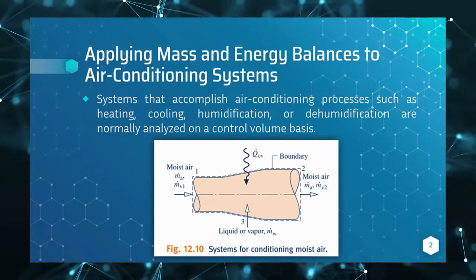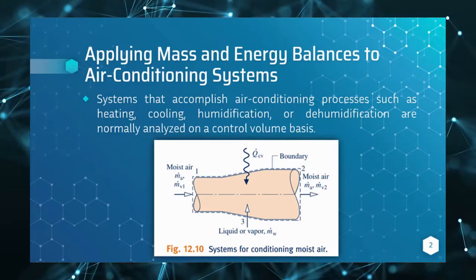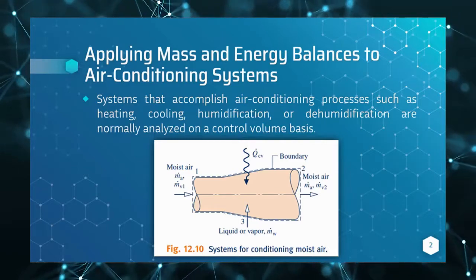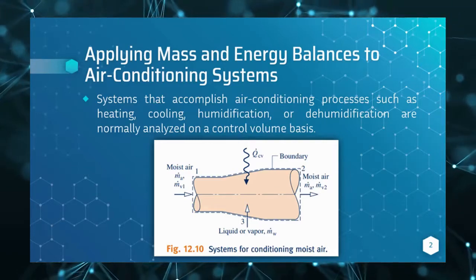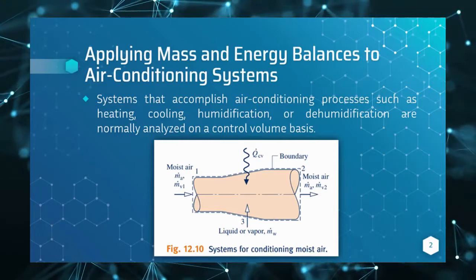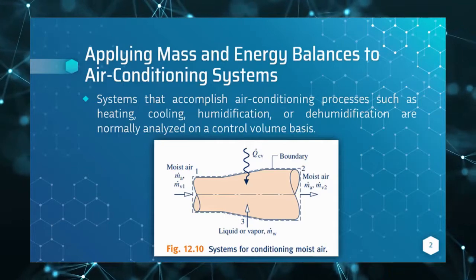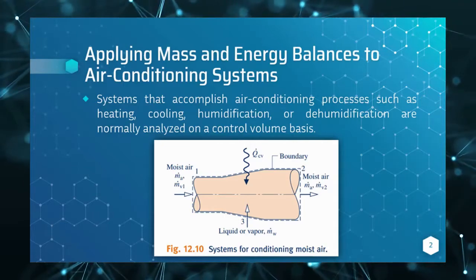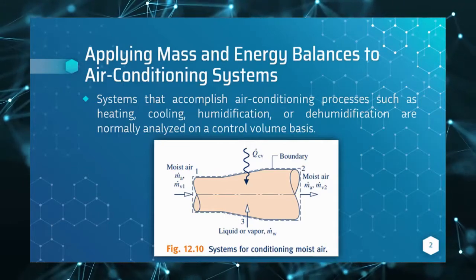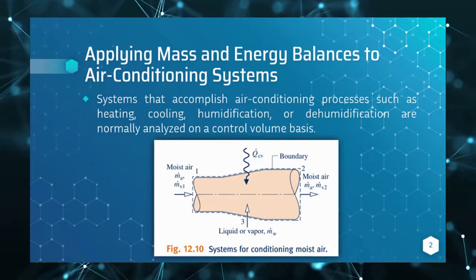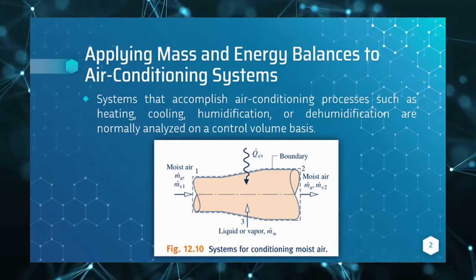Systems that accomplish air conditioning processes such as heating, cooling, humidification, or dehumidification are normally analyzed on a control volume basis. To consider a typical analysis, we can consider this figure. It shows a 2-inlet, single-exit control volume at steady state.